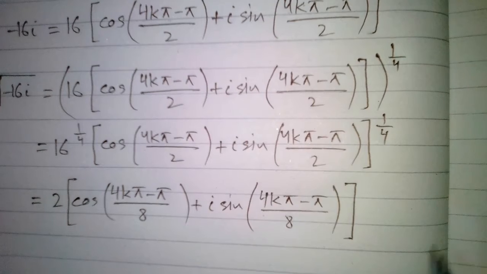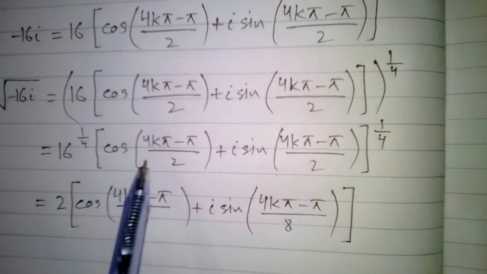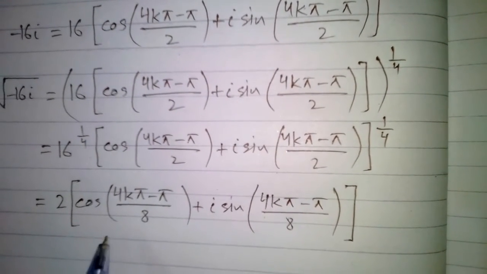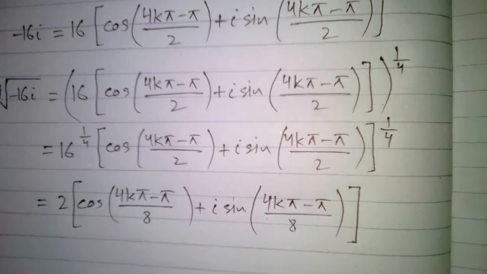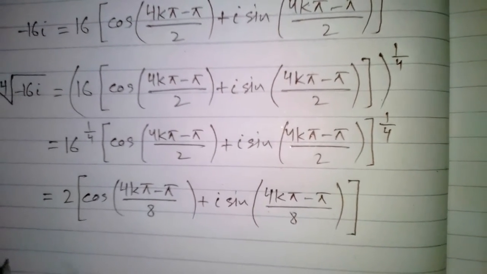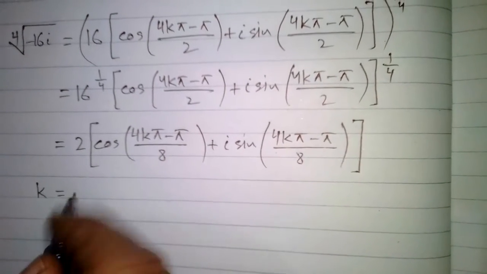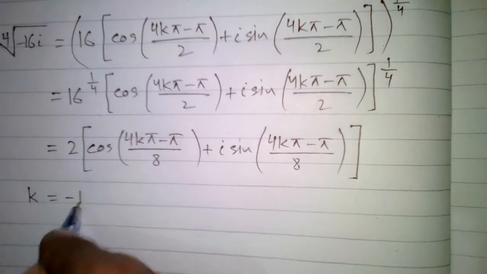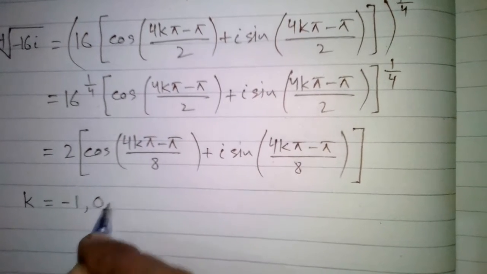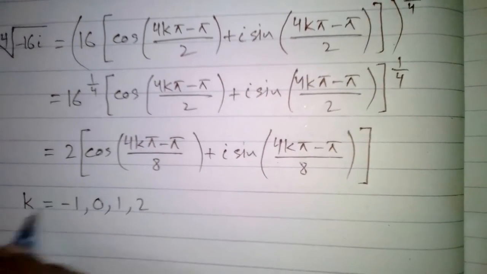We have multiplied 1 upon 4 by 4k pi minus pi by 2. Now we will put 4 consecutive integers in place of k. So we will put minus 1, 0, 1 and 2 in place of k.